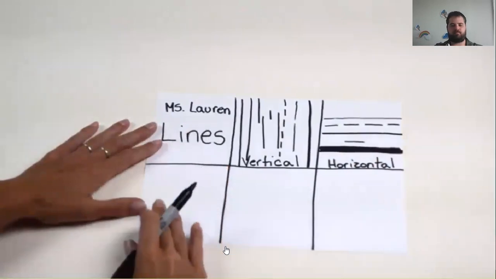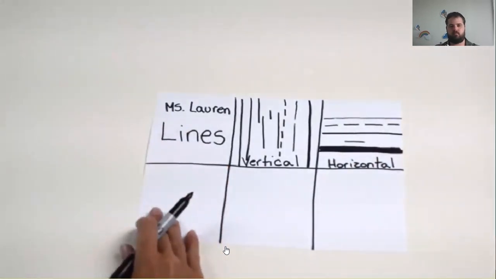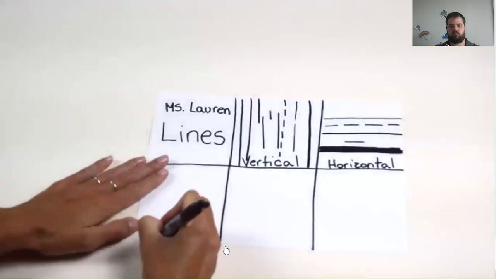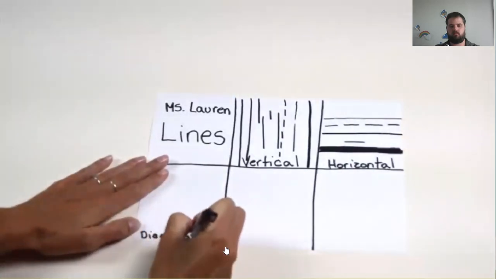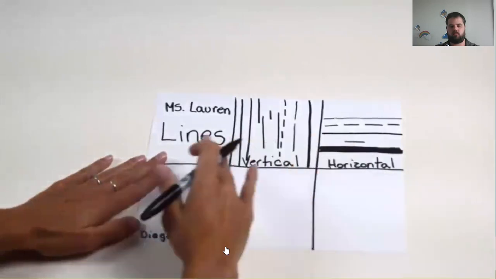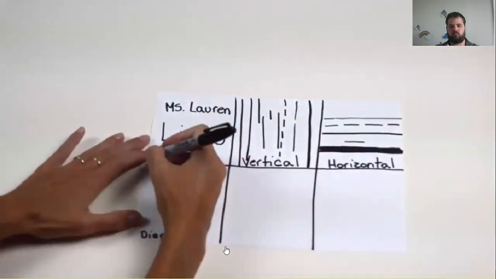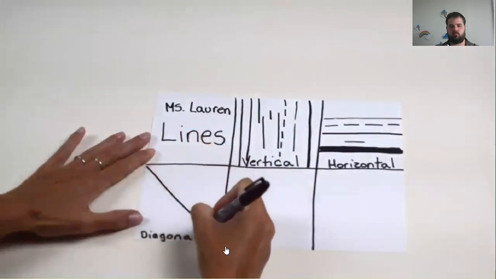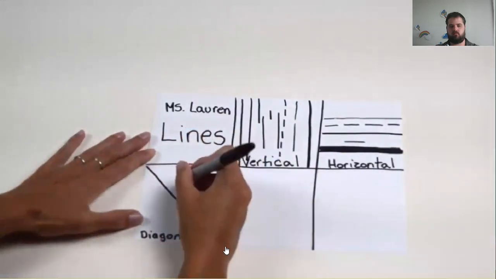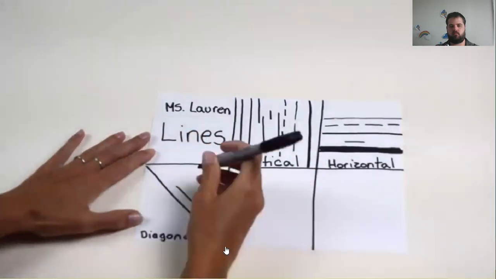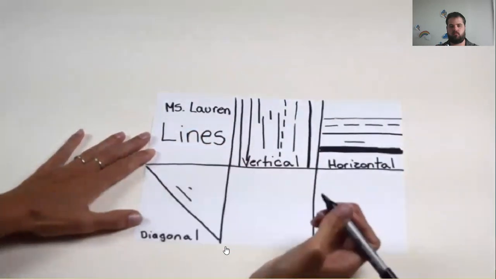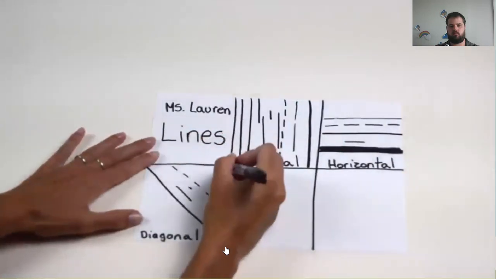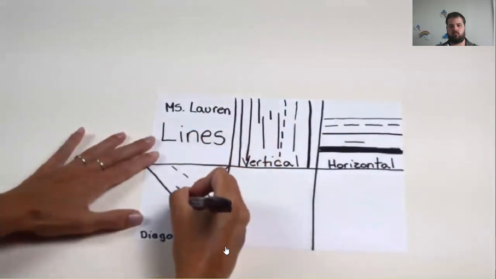Now in the box underneath your name, we're going to practice another type of line, and it's called diagonal. A diagonal line is similar, obviously these are all lines, but this is going to go from top to bottom at an angle. Again, it can be long, short, super short, dotted, and it can even cross the other direction.